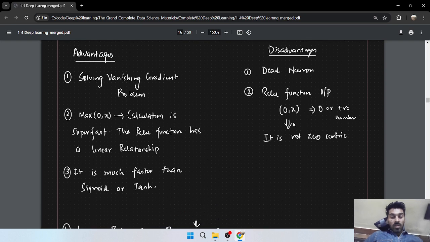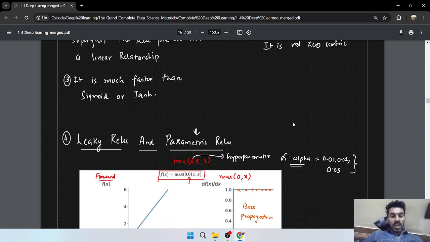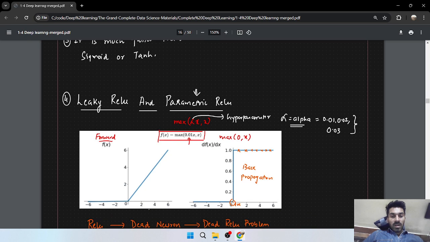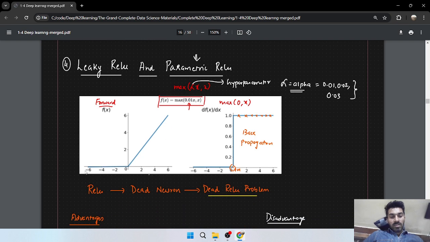So now coming to the next one, leaky ReLU and parametric ReLU, also known as PReLU we can say. Now see that the formula is the same as ReLU, but with some difference: max of 0.01 times x comma x. So now it's coming like this from negative to 0.